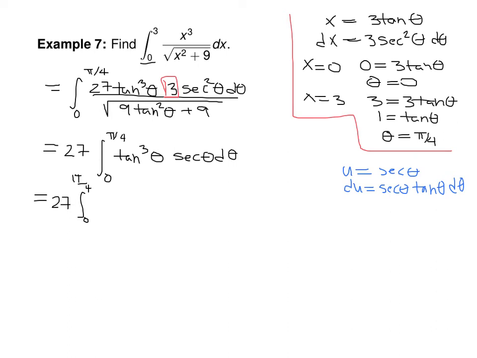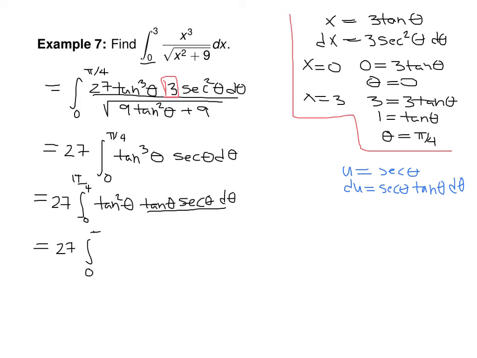Tangent cubed of theta we make into tangent squared theta multiplied by tan theta secant theta d theta. So that tan theta secant theta is saved for the du. Now tangent squared of theta, we're going to change into secant squared of theta minus 1.